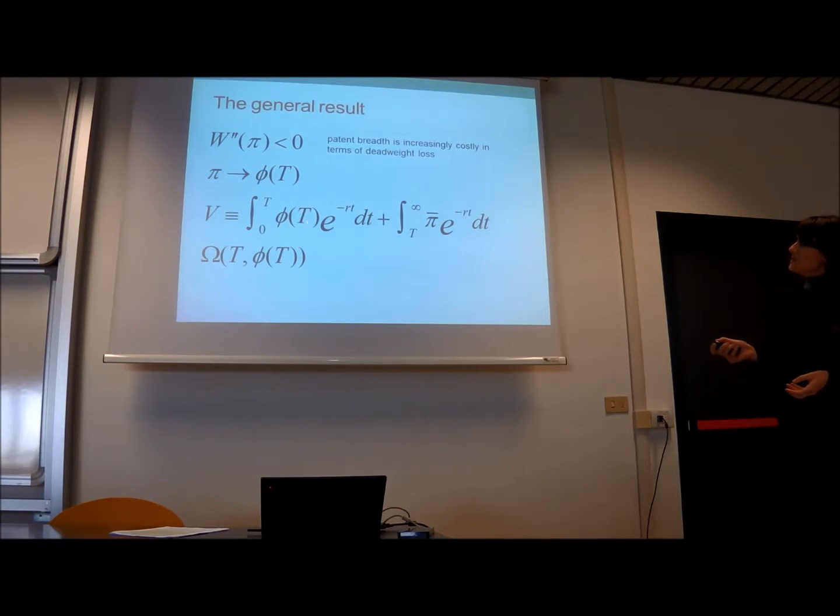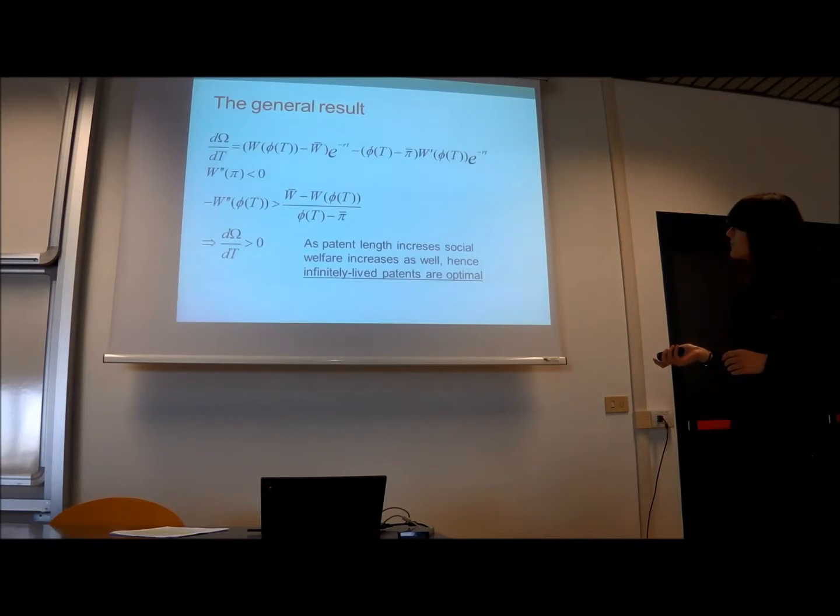If we express the patentee profit as a function of the patent length, the minimum reward that the patentee has to keep to participate and to foster innovation is this one, and we can also express social welfare as a function of T, the patent length. This is the first order condition expressed in this way.